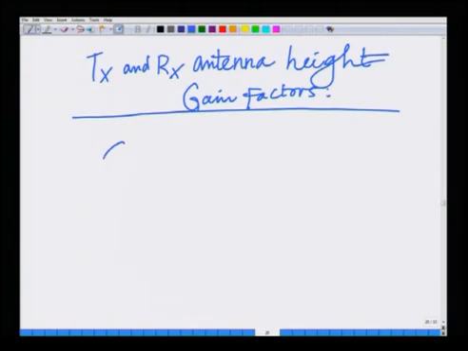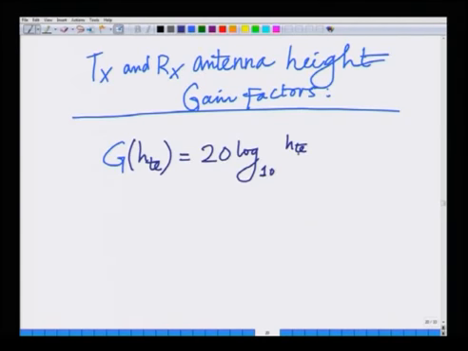So, GHTE, which is the transmit antenna height gain factor, is given as 20 log 10 HTE by 200. Okay. That is, this is the transmit antenna height gain factor, and the receive antenna height gain factor GHRE is given as follows.